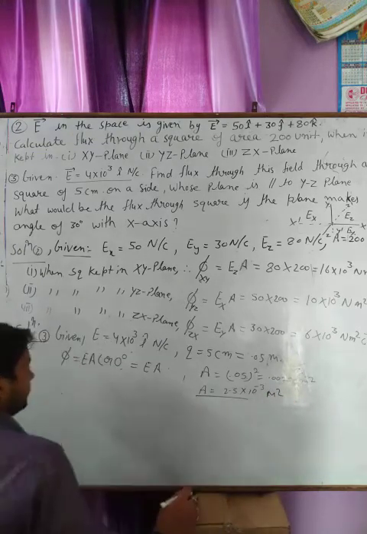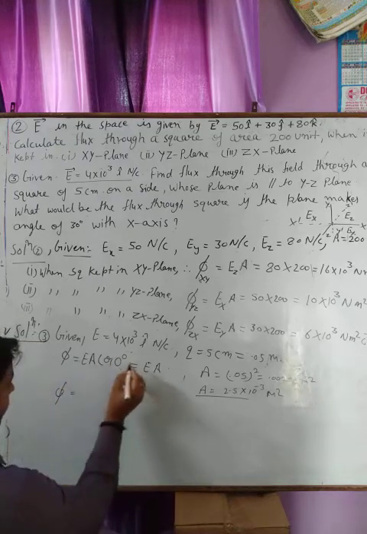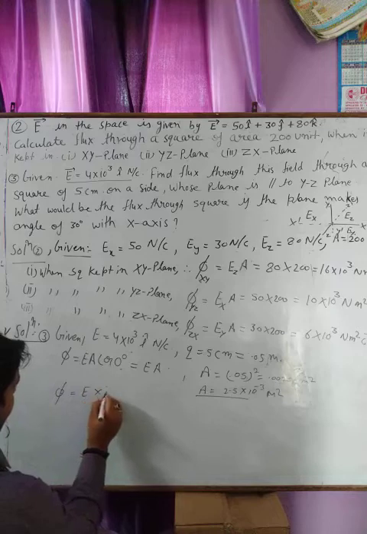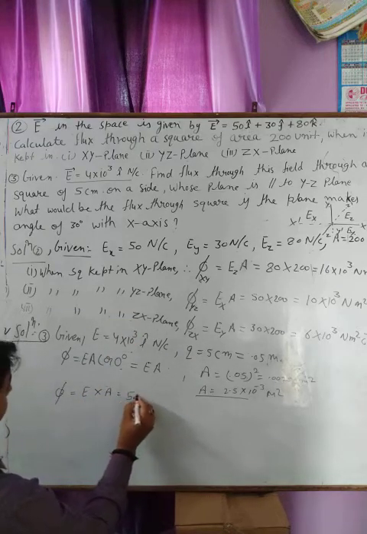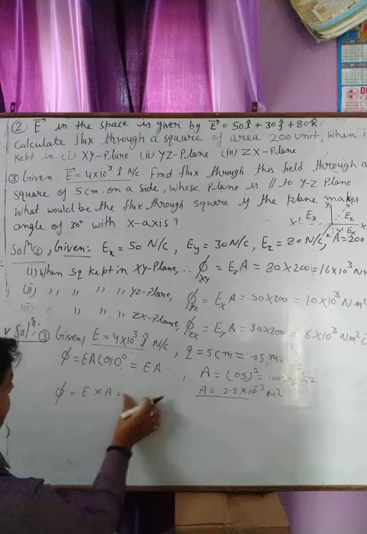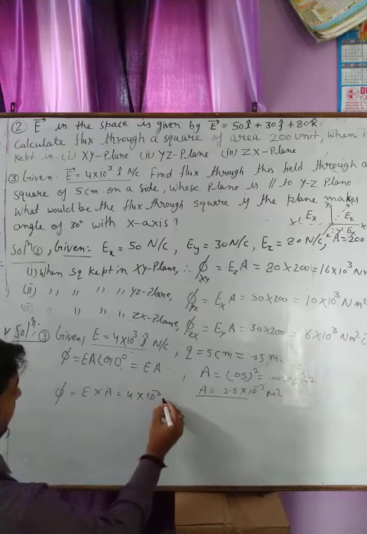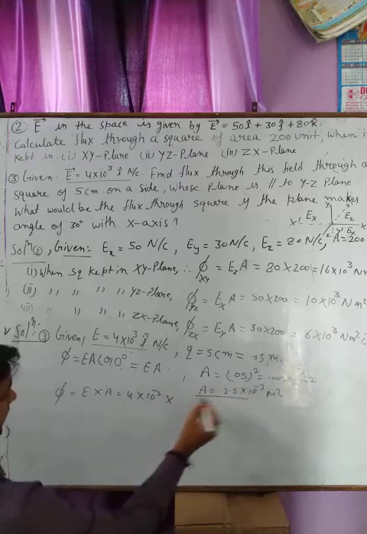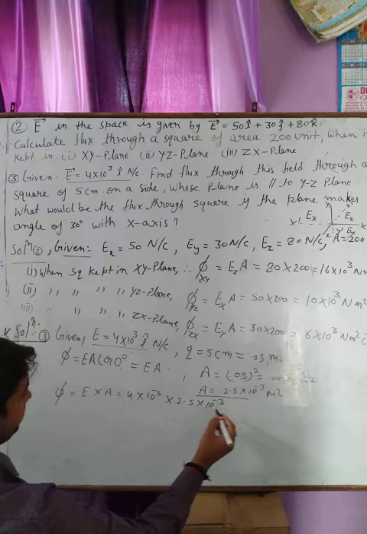Okay, student. Now the flux through this surface is E into A. We have the value of the field as 4 into 10 to the power 3, into this area 2.5 into 10 to the power minus 3.